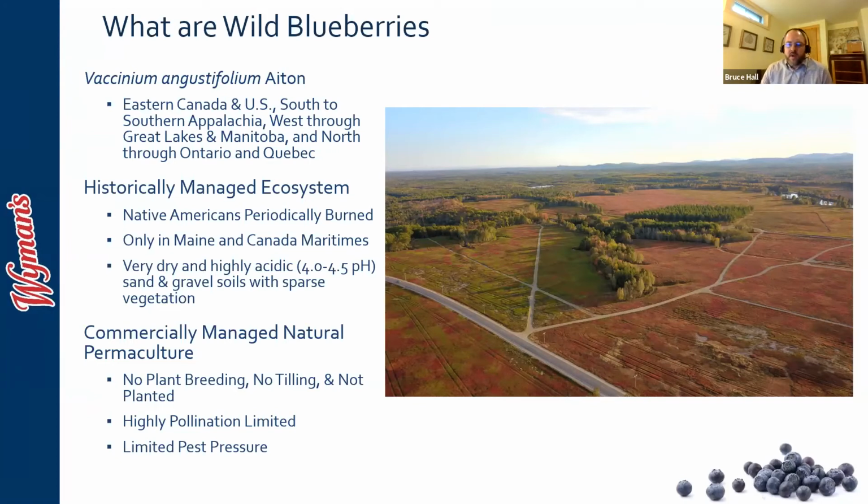Today, the wild blueberry barren ecosystem is commercially managed, and it exists in a naturally occurring permaculture. What I mean by that is wild blueberries, unlike their highbush cousins, do not have any plant breeding associated with their management. There is no tilling of the soils, and there's no planting of the soils at all.